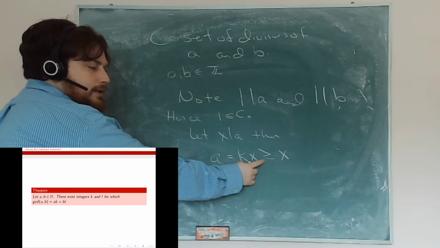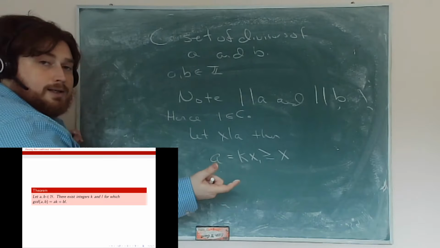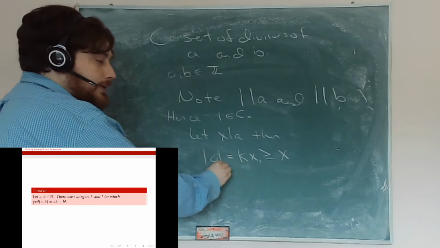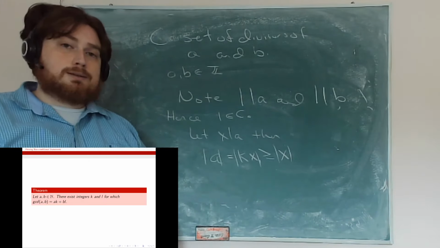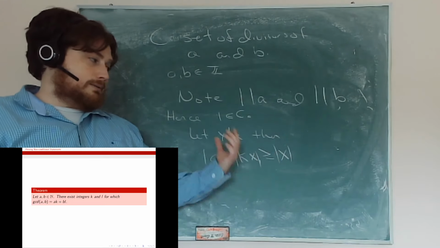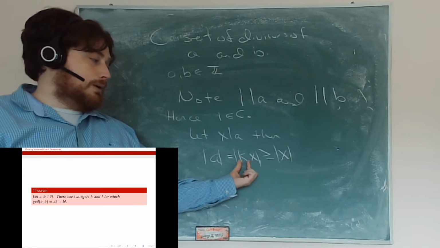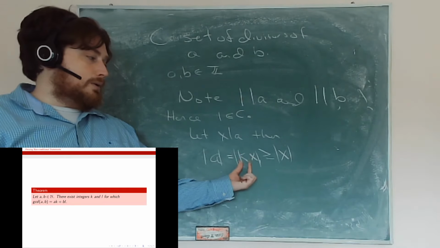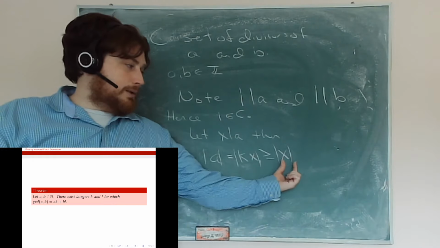If k was 1, I would get x, but if k was any other integer, in absolute value anyway, it's going to be bigger than or equal to x. If I multiply by -1 or -2, I get a smaller number, but in absolute value I would be multiplying by 1, 2, 3, or 4, and so this as an absolute value is going to be bigger than x.